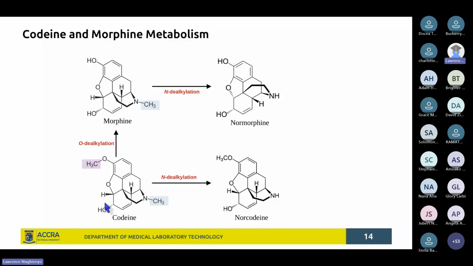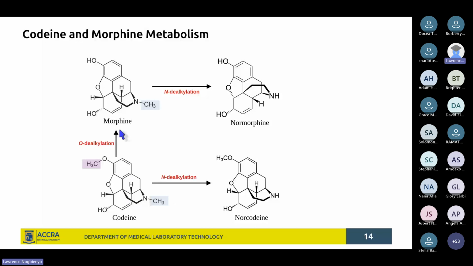So this is codeine. And here I have shaded this methyl group. And the conversion to norcodeine is just a removal of that methyl group. So when you look on that nitrogen, that methyl group is not there. And you see the process is N-dealkylation. Specifically, you can say N-demethylation. And then codeine is also getting converted here.